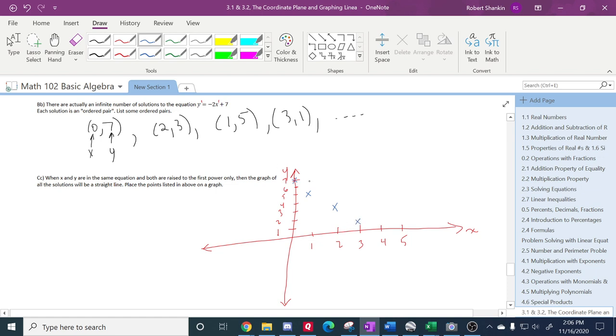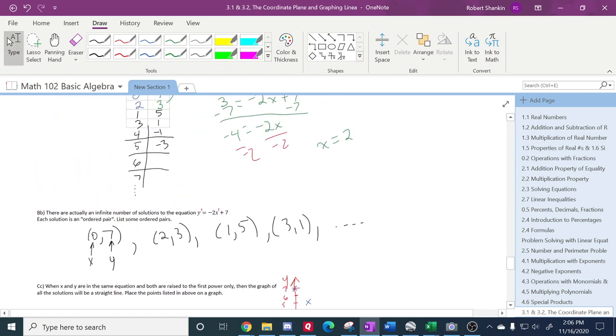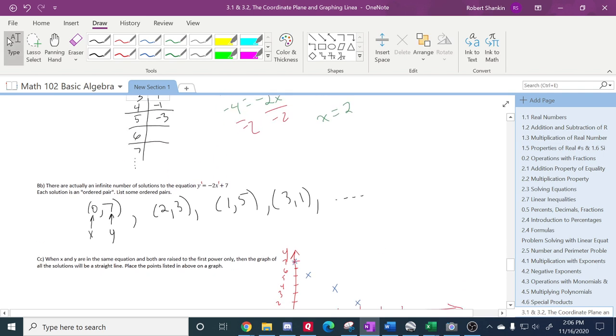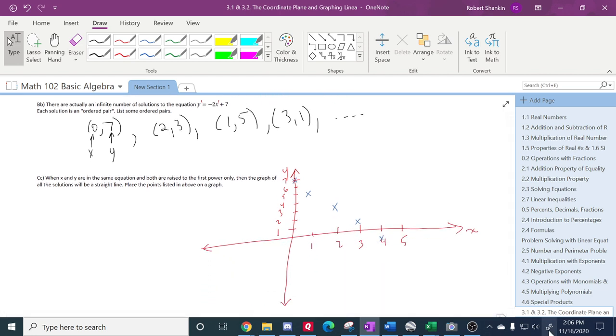What am I noticing? Oh my gosh, these are all lining up on the same line. And we even have a couple more points. 4 over negative 1 would be down here. And 5, negative 3 would be down here somewhere.